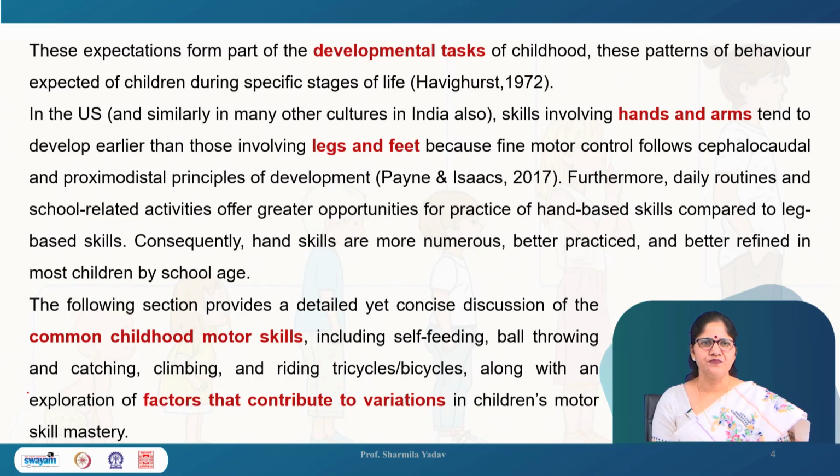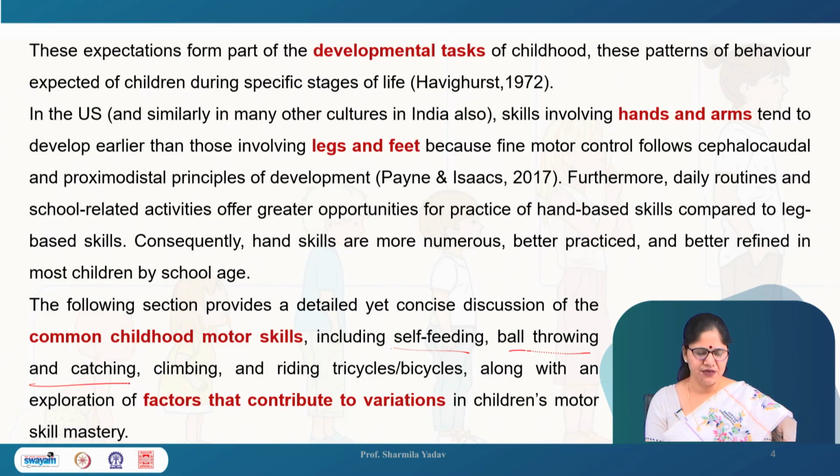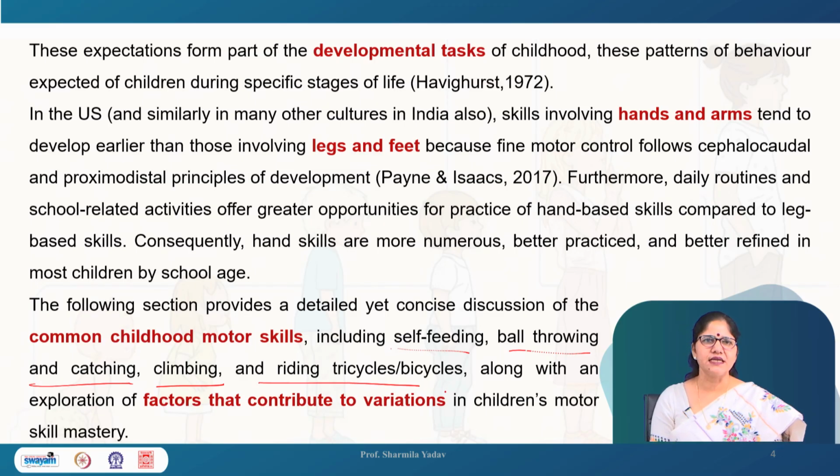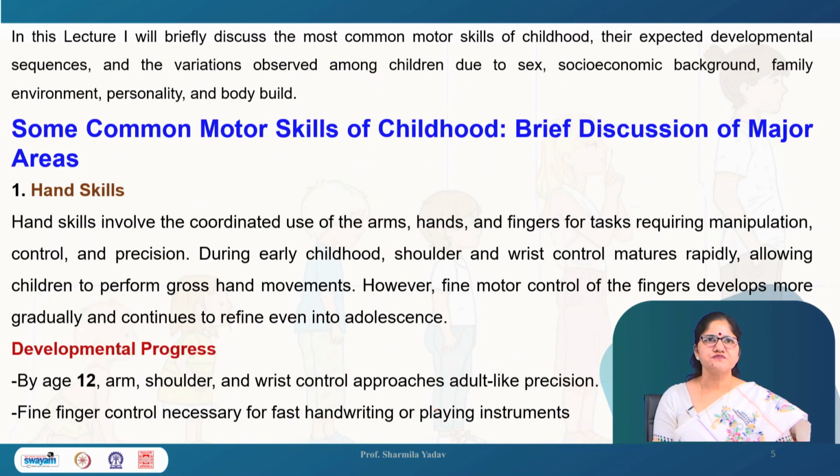The following section provides a detailed yet concise discussion of the common childhood motor skills, including self-feeding, ball throwing and catching, climbing, and riding tricycles and bicycles, along with an exploration of factors that contribute to variations in children's motor skill mastery.